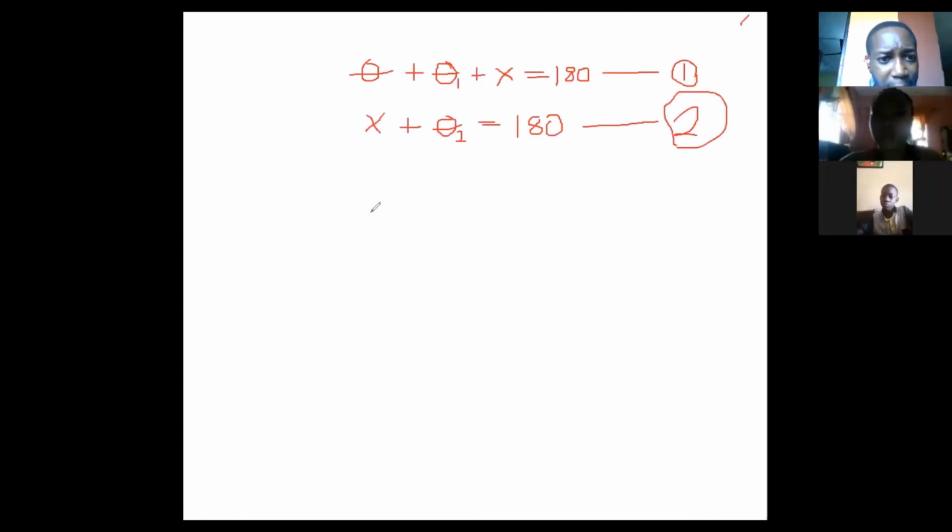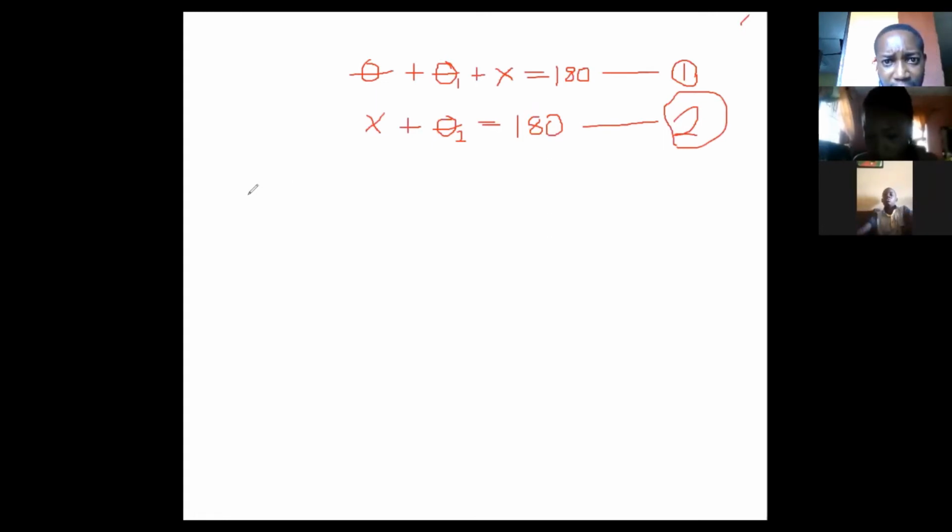So in this particular position, what I'm going to do now is that I will replace this equation 2 in equation 1. That's just what I want to do. When I mean replace, what am I saying?